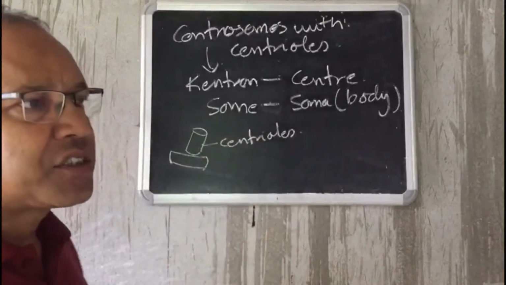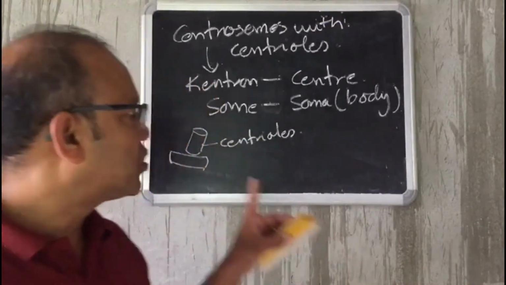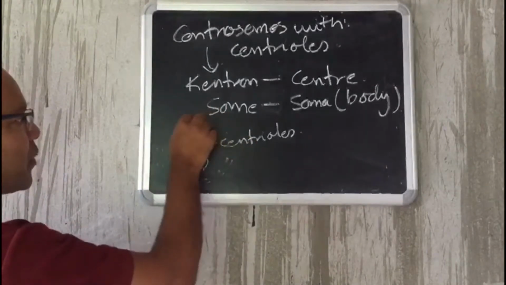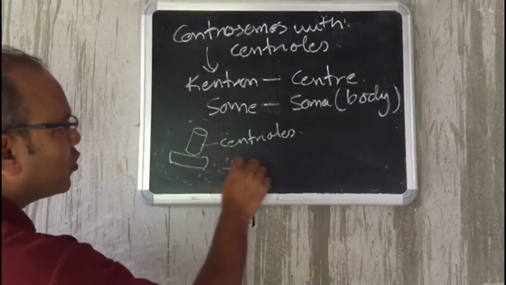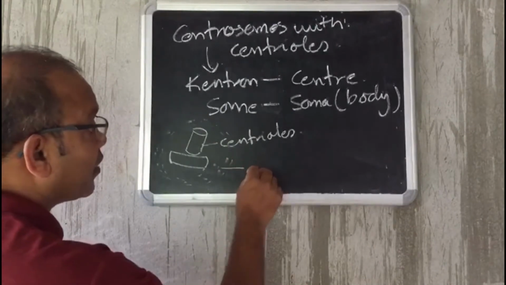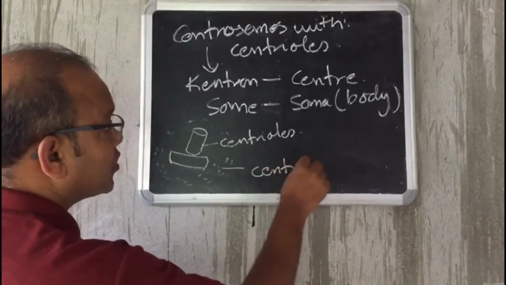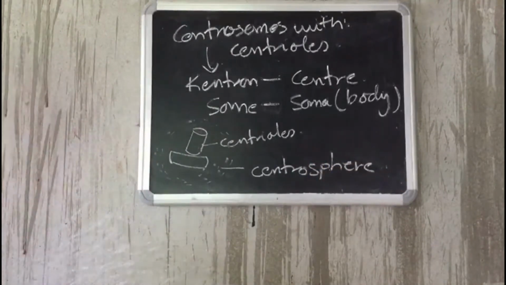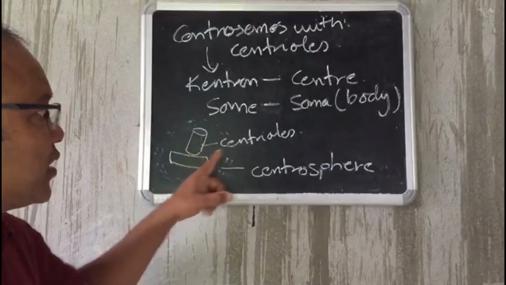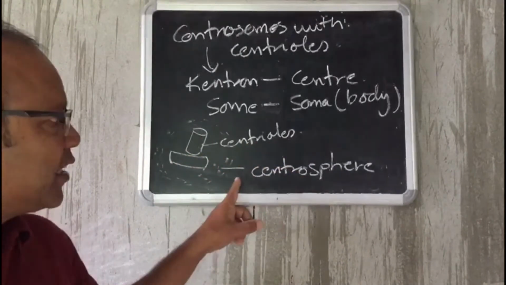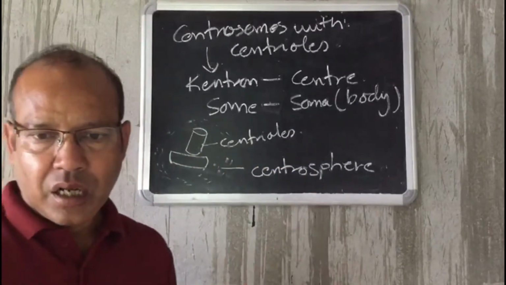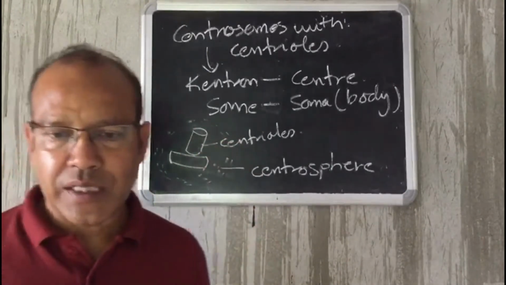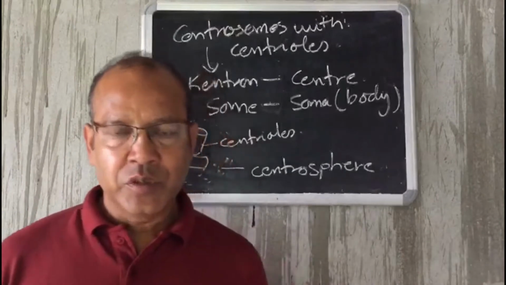It is surrounded by a clear cytoplasm, which is known as the centrosphere. So the centrosome is made up of two cylindrical centrioles at the center and the centrosphere, a clear cytoplasmic region around the centrioles.